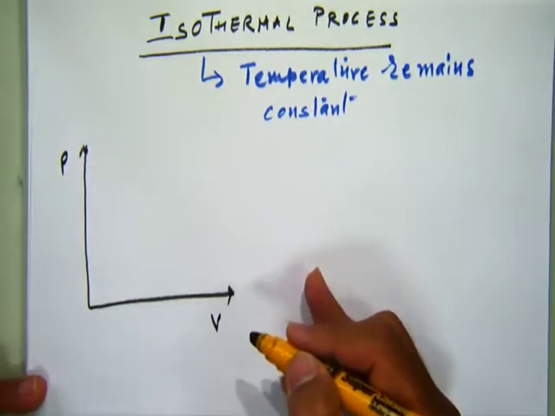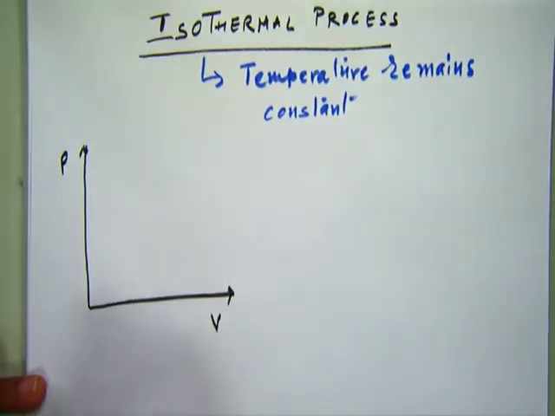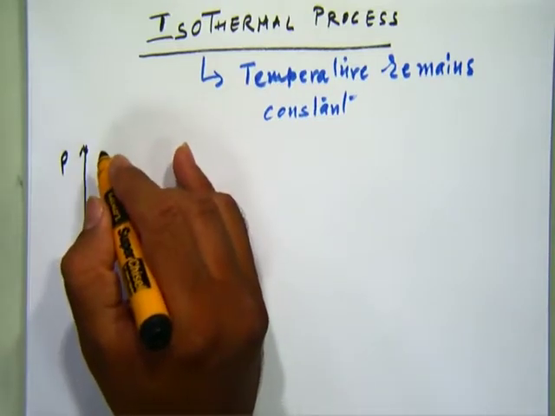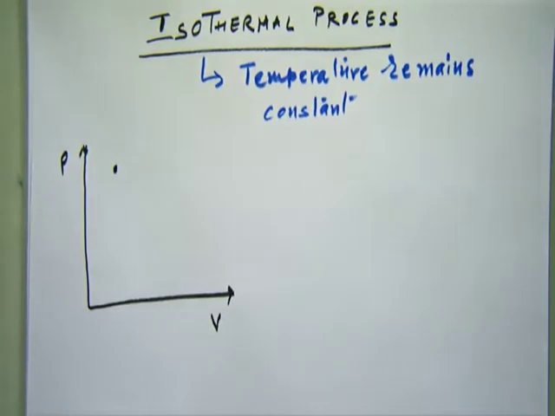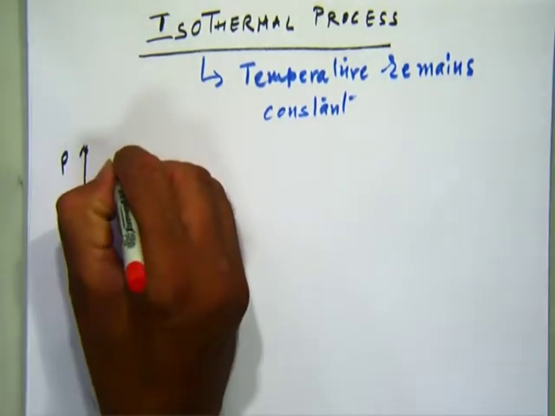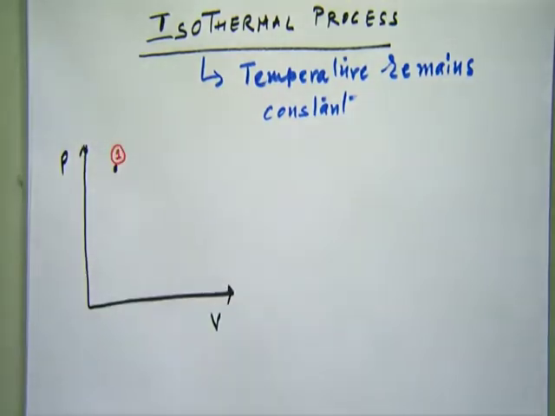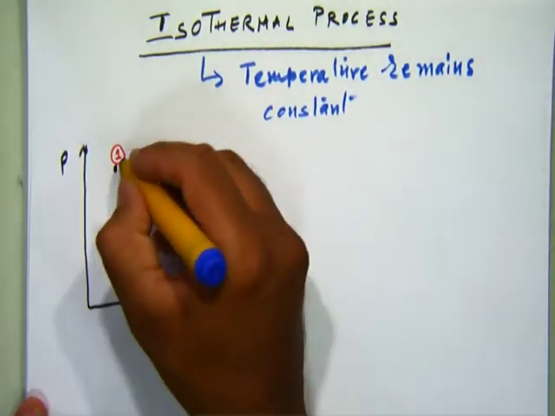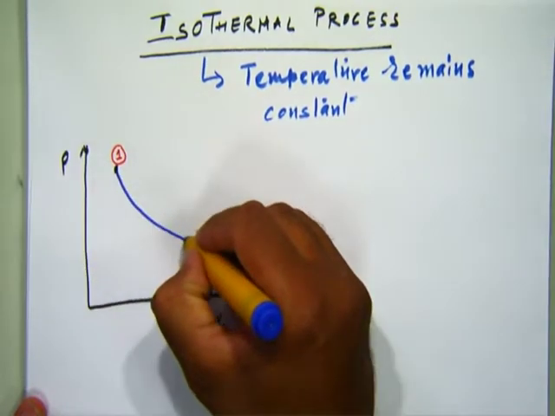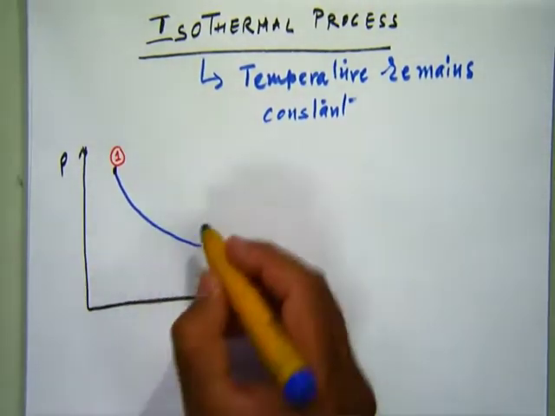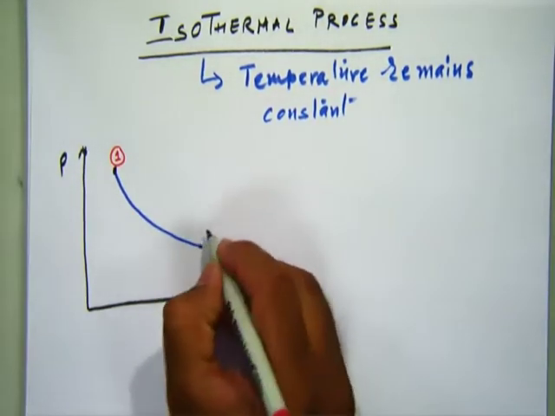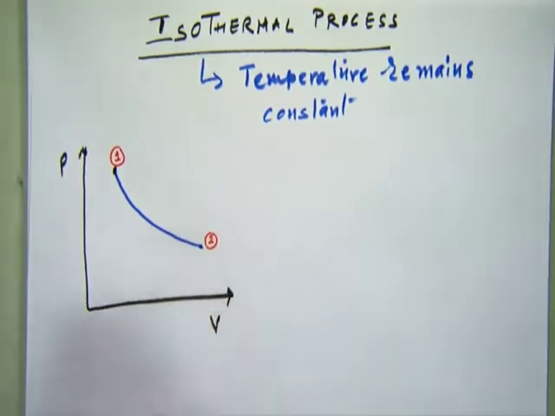On the PV diagram, suppose expansion takes place. The process starts at point 1. Expansion of the gas takes place where temperature remains constant, so the process follows in this way to point 2.